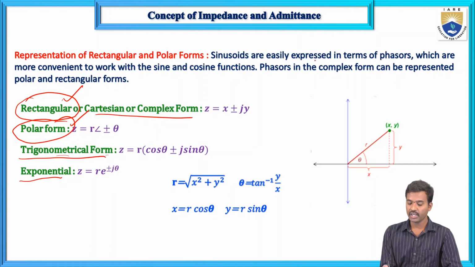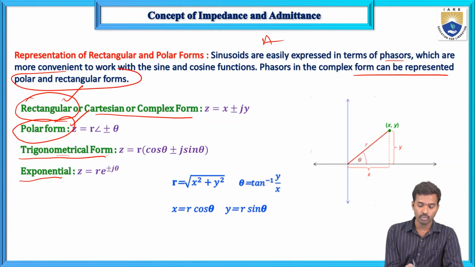Sine waves and AC waves can easily be expressed in phasor form, which is more convenient to work with than sine and cosine functions. Phasors in complex form can be represented in polar and rectangular forms. Polar form and rectangular form are most important.